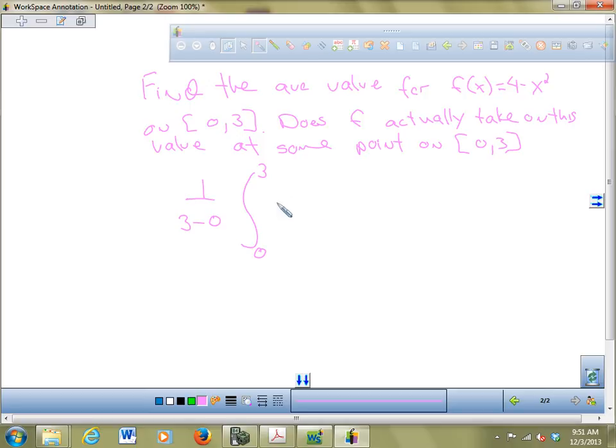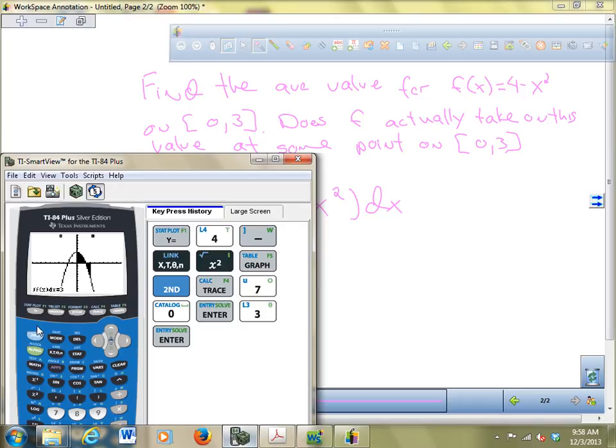And then in here, you're going to take the integral of the function, 4 minus x squared dx. That's all. Okay? And as of right now, we don't learn by the end of the period how to do this algebraically. Because this is a pretty easy one to do algebraically. But right now, we're just going to use the calculator to do that average value.